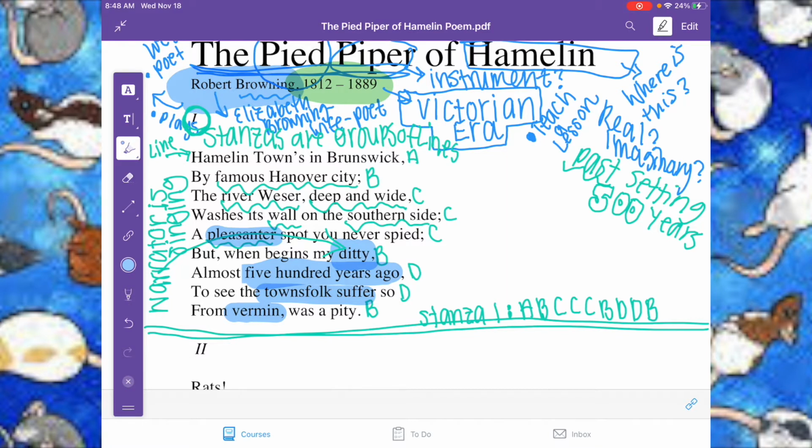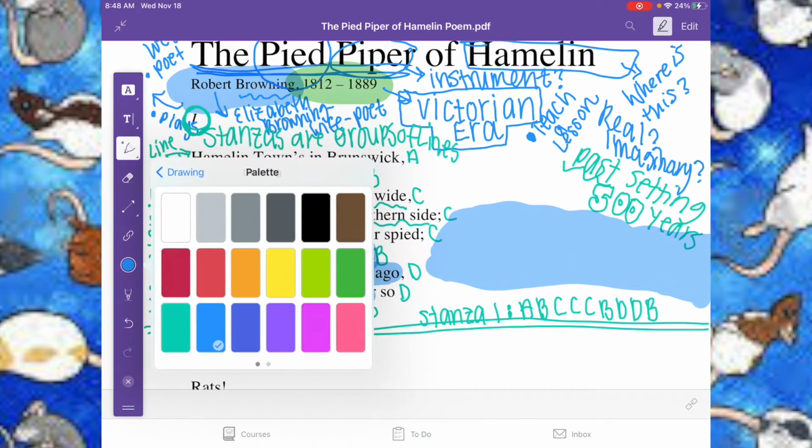Okay, so I'm going to do a little illustration here. We know that this has a deep and wide river, so I'm going to go ahead and draw that. We know that there is a wall that is bordering the southern side of the town.